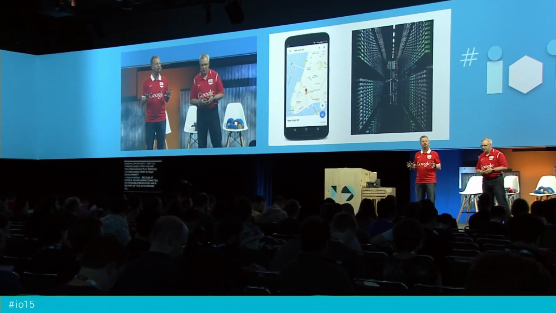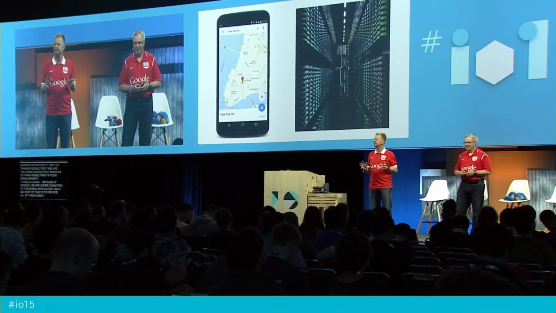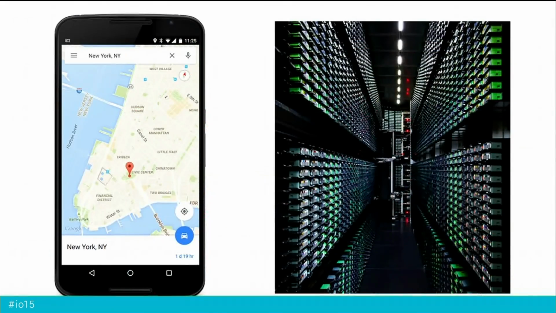Because at Google, we are super committed to the mobile revolution. And a big part of that is to provide all of these great services that we have in our data centers running all over the world. That's a big-looking data center. It is a nice-looking data center. And take all of those services and make them available on all of the mobile devices out there. And we are pretty good at building data centers, so we have lots of value there to provide to mobile devices.